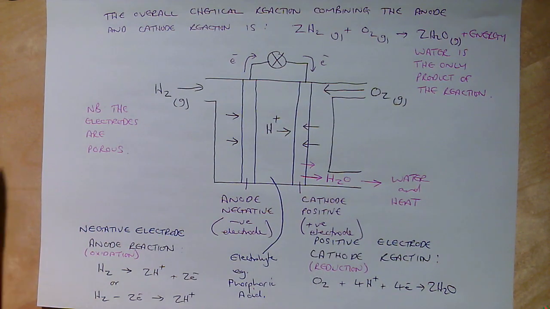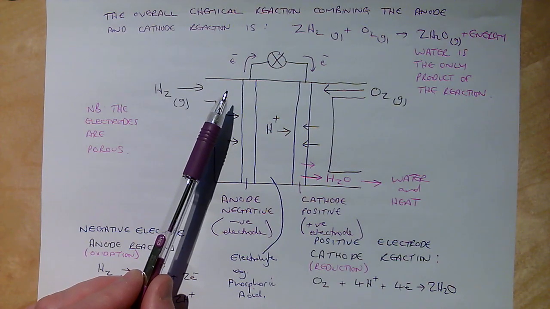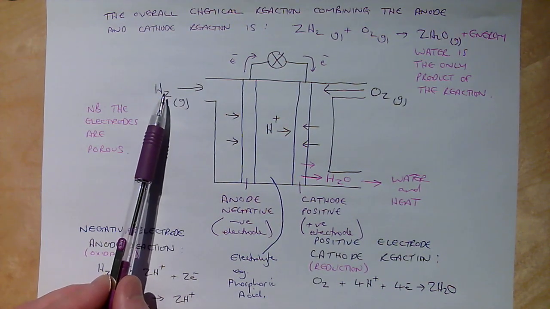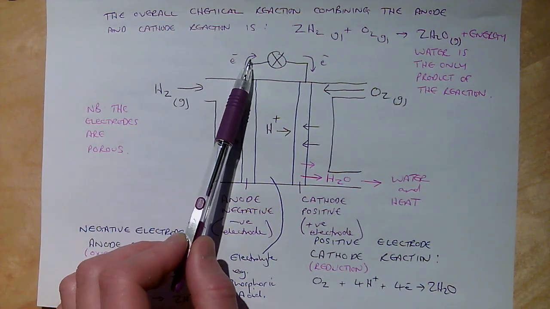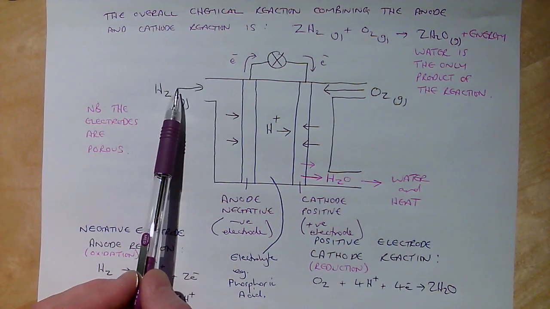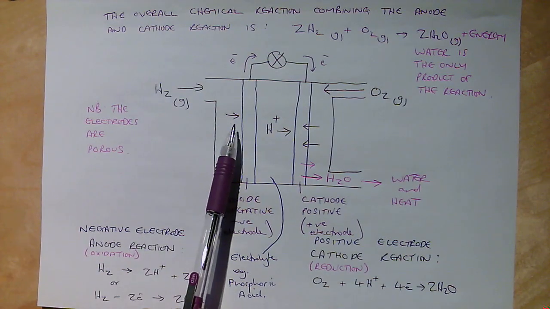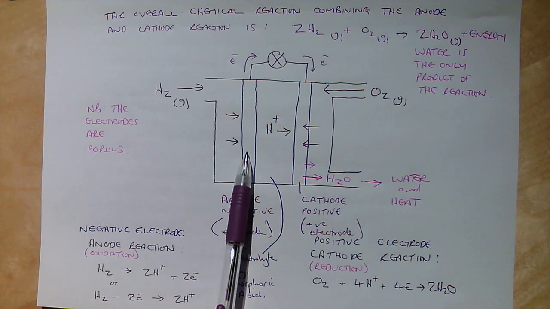Right, okay, so this is what happens. The hydrogen flows in to the anode. The hydrogen molecule then splits. It releases electrons that flow through the electrical circuit, and when the hydrogen loses electrons, the hydrogen atoms become hydrogen ions, and the hydrogen ions pass through this anode here.